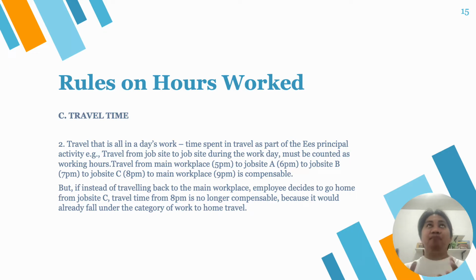And then, when the employee travels from the last work site back home to end the workday, that time spent traveling from that job site back to his personal home will no longer be considered compensable hours because the actual workday has already ended. It's already travel to home. That's already home travel. So that's not considered hours worked.